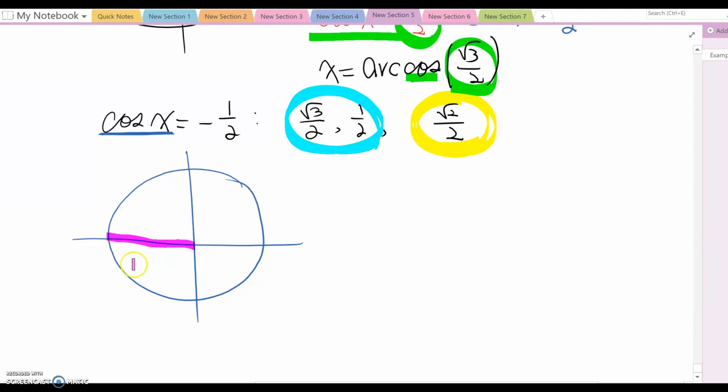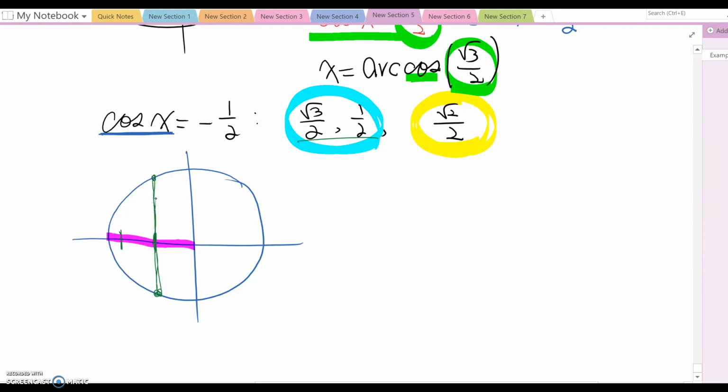This is the negative side of x, so negative 1 over 2 is located maybe around here. And the other one, root 3 over 2, is located around here. Since the two values are located, this is the 30, 60, 90, and through this angle value we can find this angle value or this angle value, right?